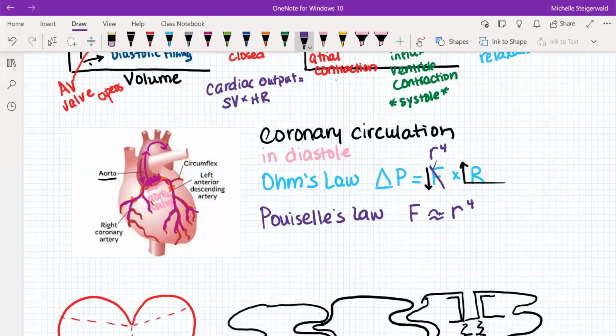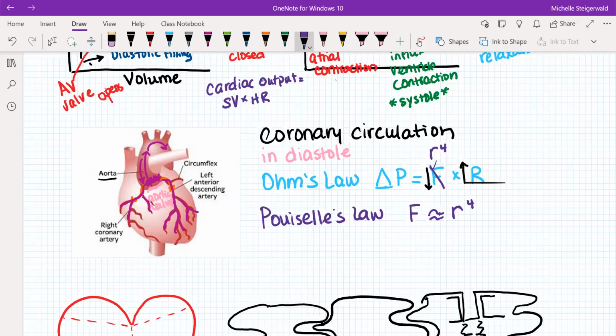These principles are really important in coronary circulation because if you change that radius, you can do that by modulating the smooth muscle around it, but you can also change the radius by building up plaque inside your vessels. And that's not as big of a deal if you're doing it in something as big as the aorta, but when you start building up plaque in these tiny little coronary arteries, you're going to have a significant impact on that flow.